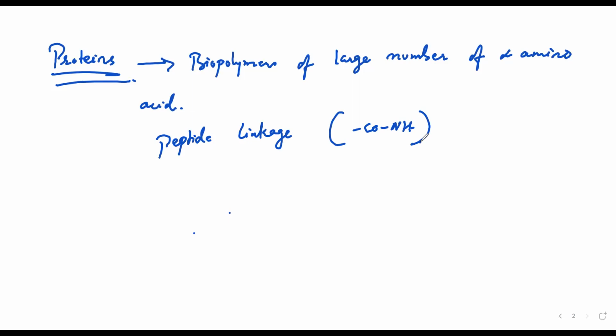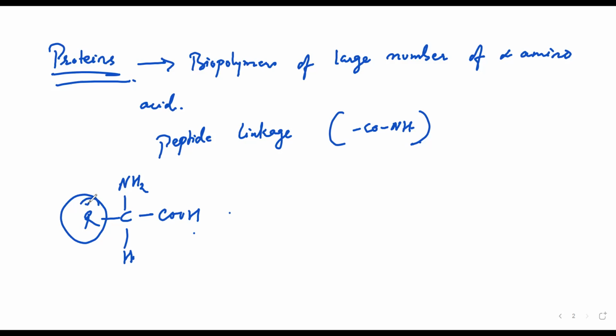It has a basic structure: an amino group, a carboxyl group, a hydrogen, and then an R side chain. Depending upon which component comes in the R chain, that type of protein will be determined.